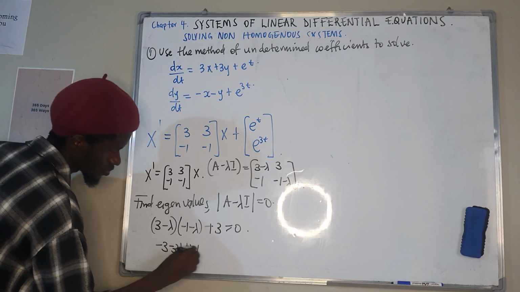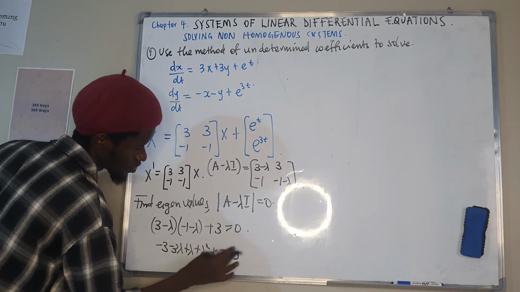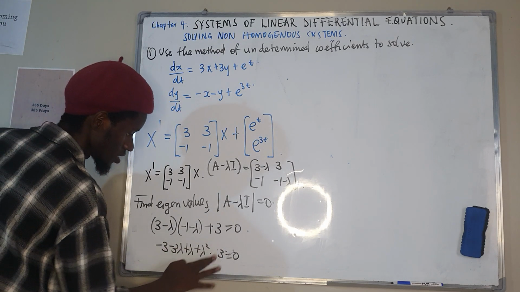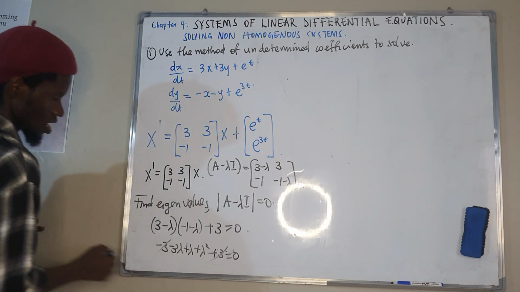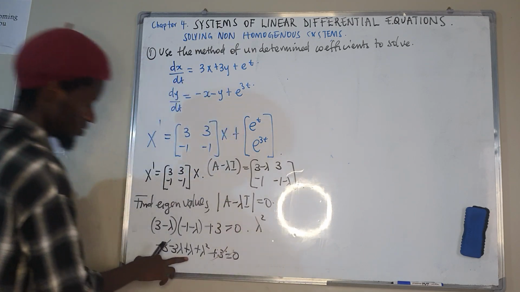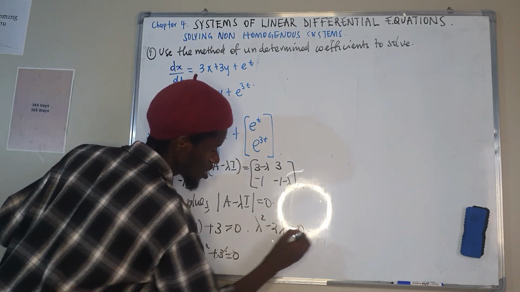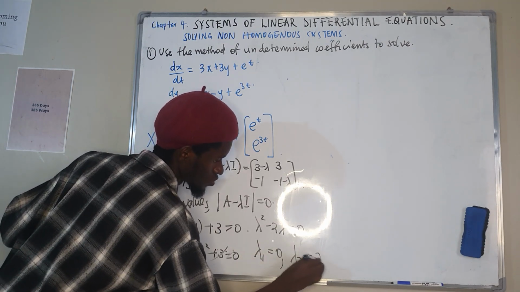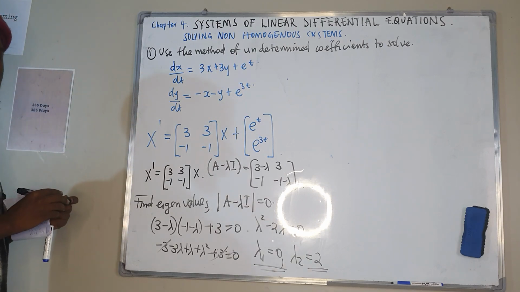Then plus lambda squared, plus 3 equals to 0. From here, I'm seeing that this 3 cancels with this 3. Then I will remain with lambda squared minus 2 lambda equals to 0, and then my lambda 1 equals to 0, and my lambda 2 equals to 2. Therefore, I have got my eigenvalues, lambda 1 and lambda 2.